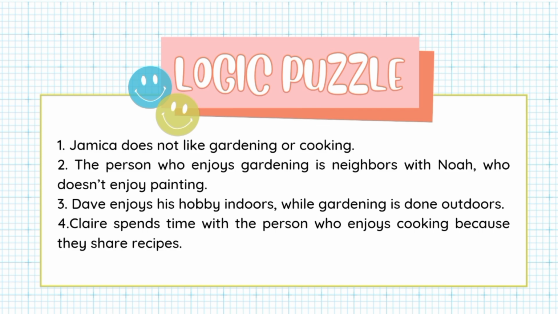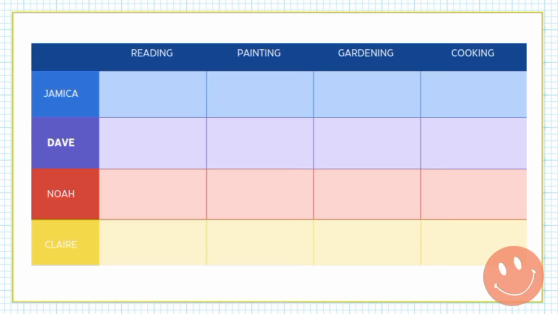So for our first clue, Jamaica does not like gardening or cooking. From this clue, we can easily deduce that Jamaica does not like gardening or cooking.